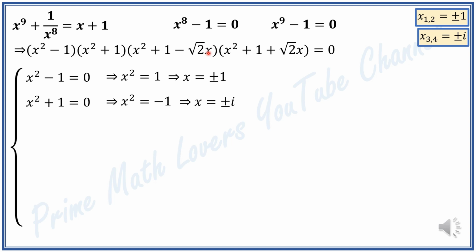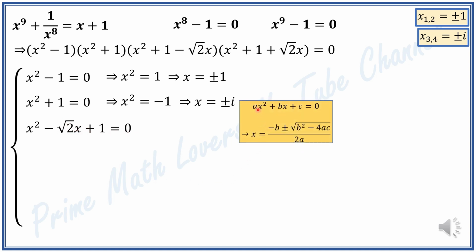Now we solve this equation: x squared plus 1 minus square root of 2 x plus 1 is equal to 0. I rearrange it and I get x squared minus square root of 2 times x plus 1 is equal to 0. We know that for a quadratic equation ax squared plus bx plus c is equal to 0, x will be equal to minus b plus or minus square root of b squared minus 4ac divided by 2a.